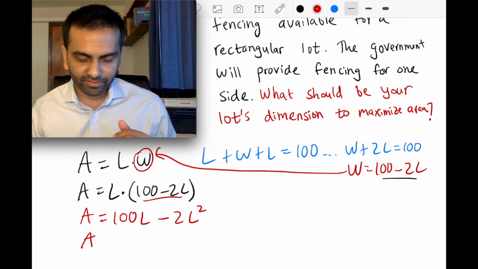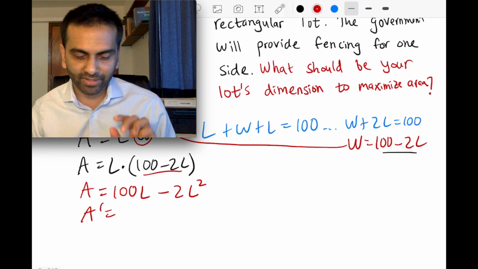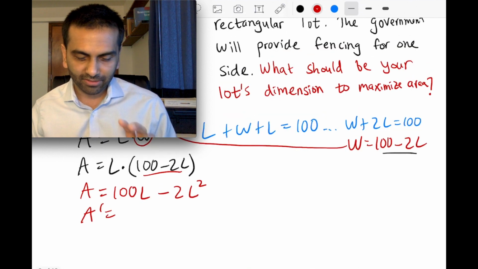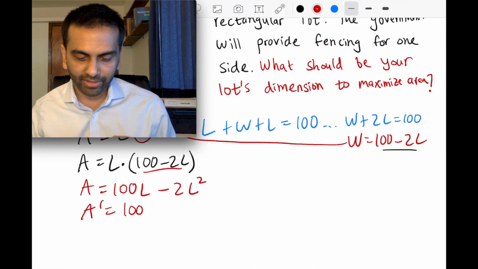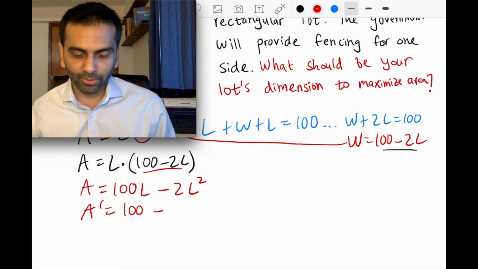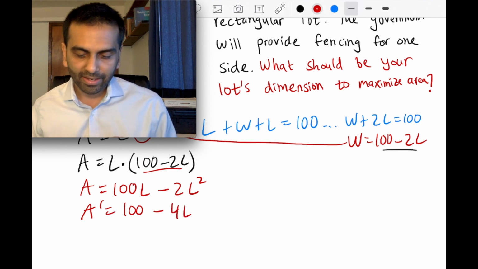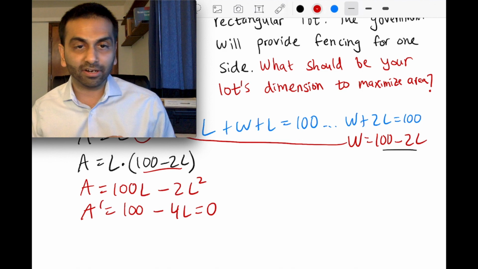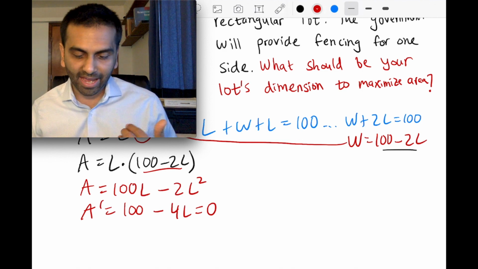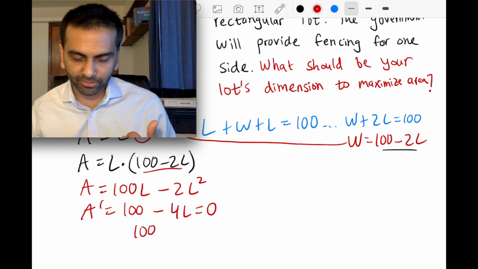The first order condition tells me that the derivative of 100L is 100, minus the derivative of 2L squared, which is 4L, and the first order condition sets that equal to 0. So I add 4L to both sides, so 100 equals 4L, and then divide by 4, so 100 over 4 is 25, so I get L equals 25.